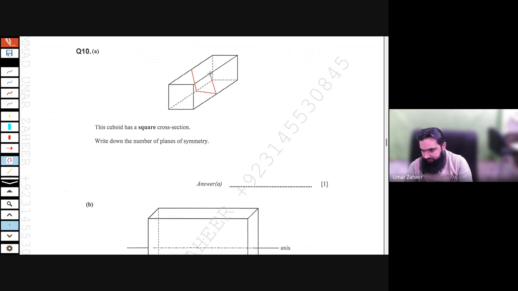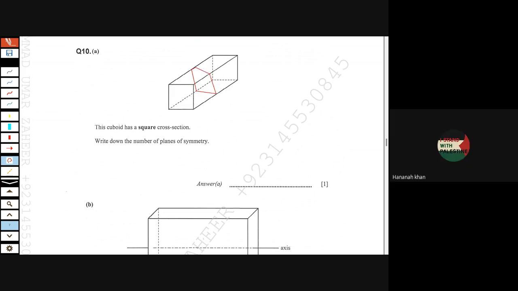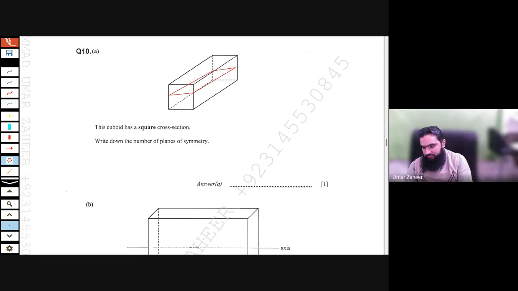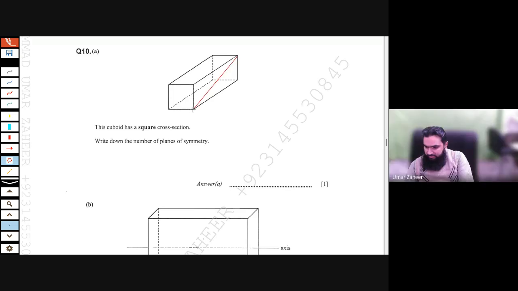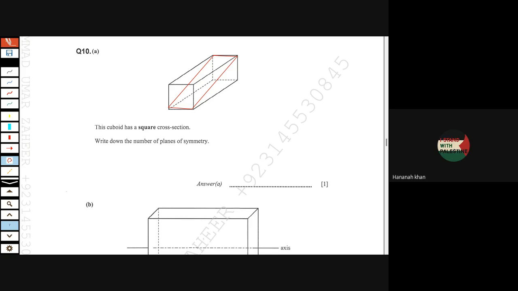The one in the middle, this is the one. And then the one going across. And then another going diagonally. No, obviously we cannot make a diagonal like this. Yes, sir. It's 2.